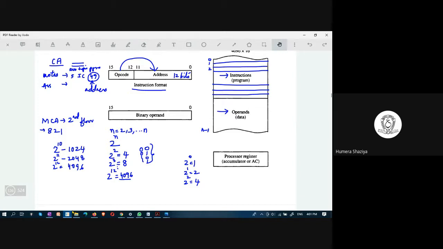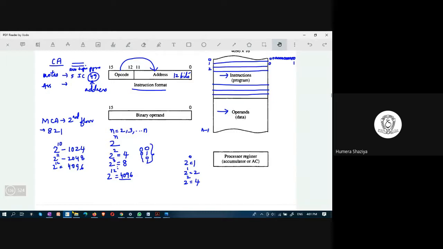Here, this address would be 12 bits long. In binary, the first address would be 12 zeros. First address has 12 zero bits. And next it would be 11 zeros and a 1.